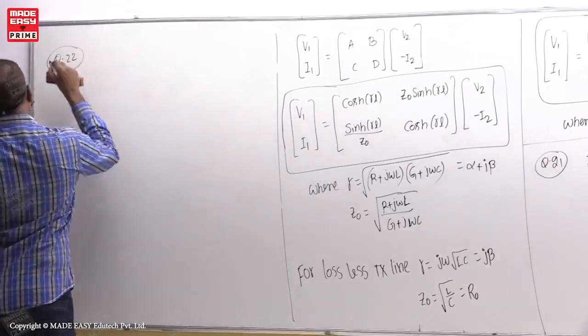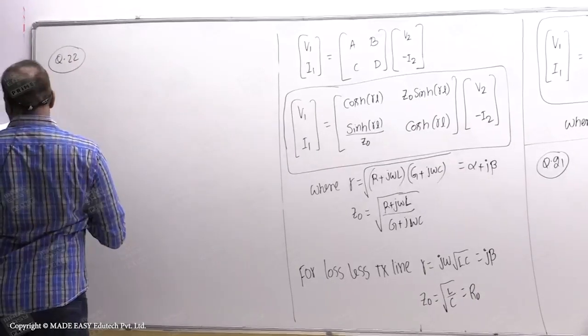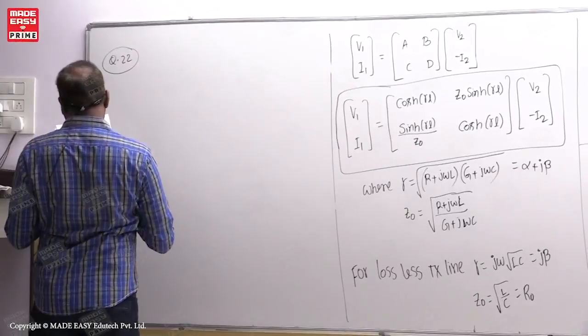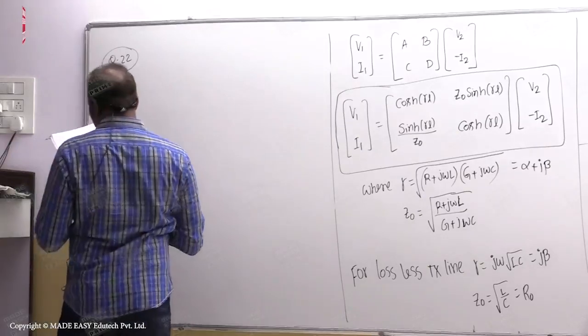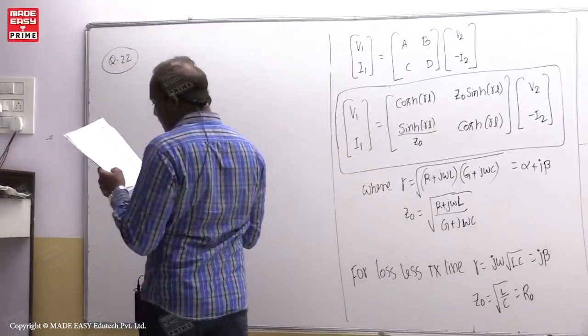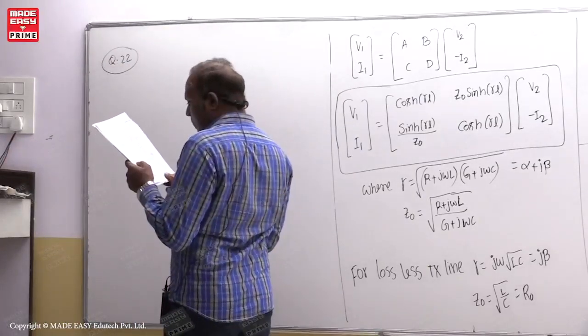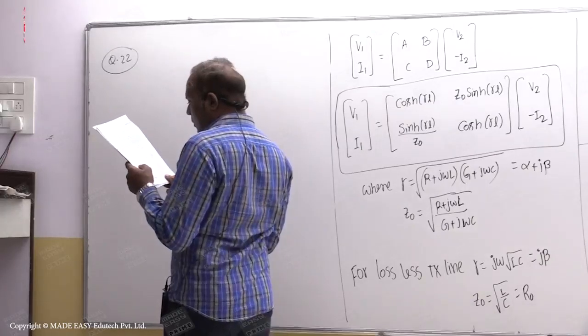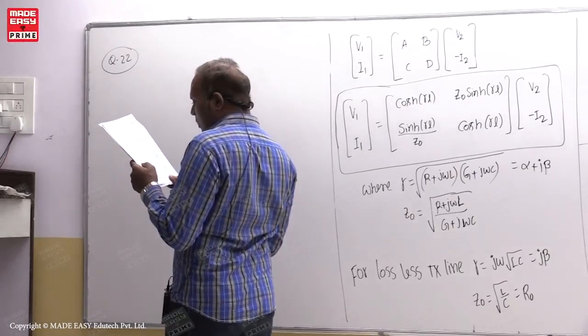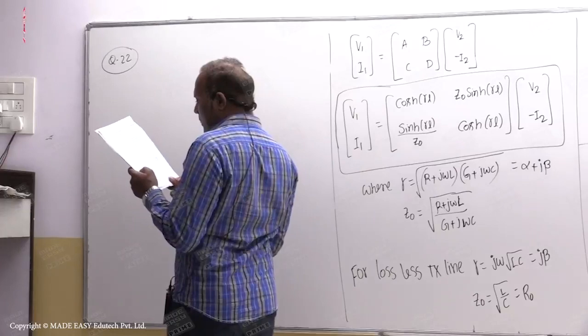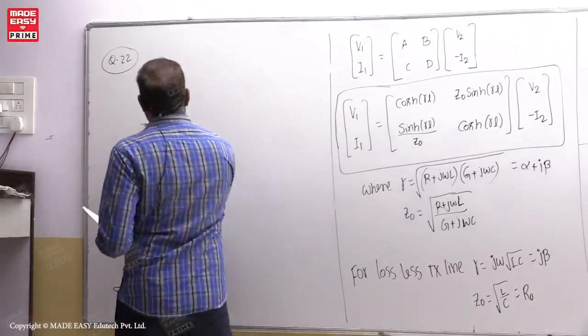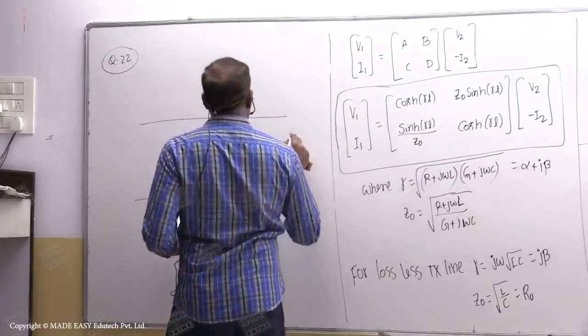Question number 22. A uniform transmission line of characteristic impedance 100 ohm feeding a purely resistive load uses single stub matching. The stub is placed at a distance d from the load. The VSWR on the length d and stub itself is asked. The diagram is like this.